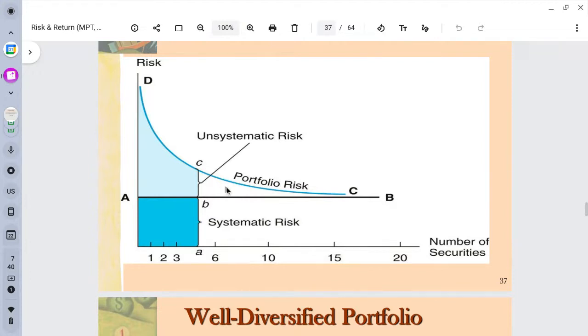So that's the reason why unsystematic risks are diversified away, because they get canceled out.